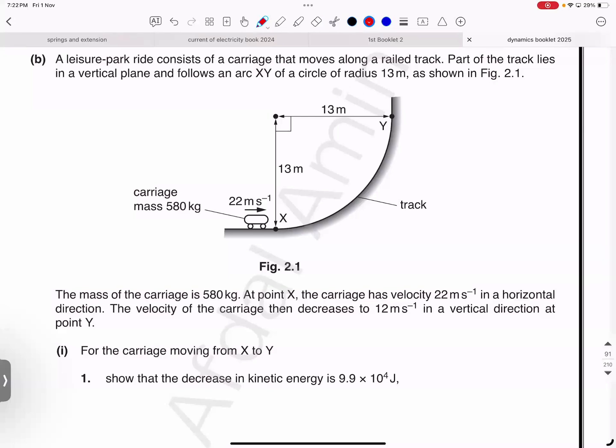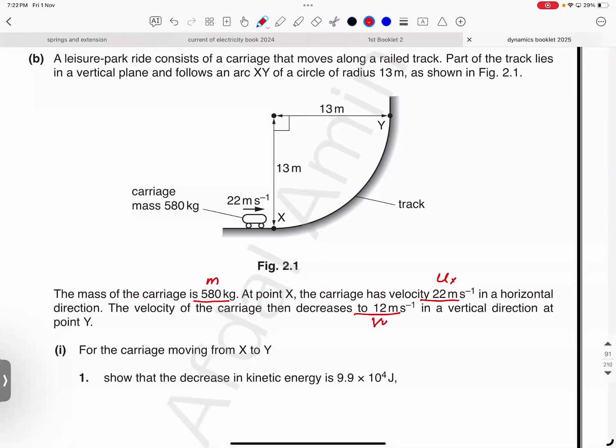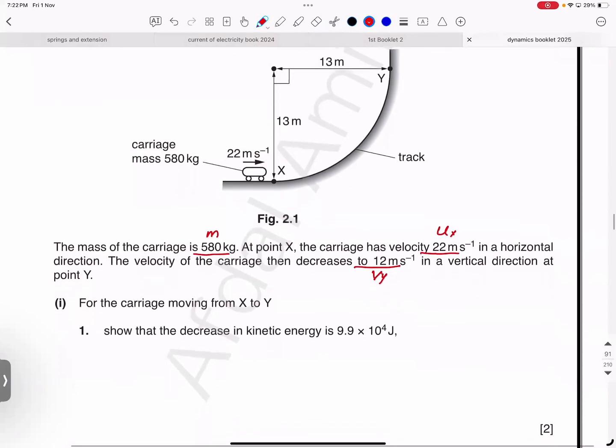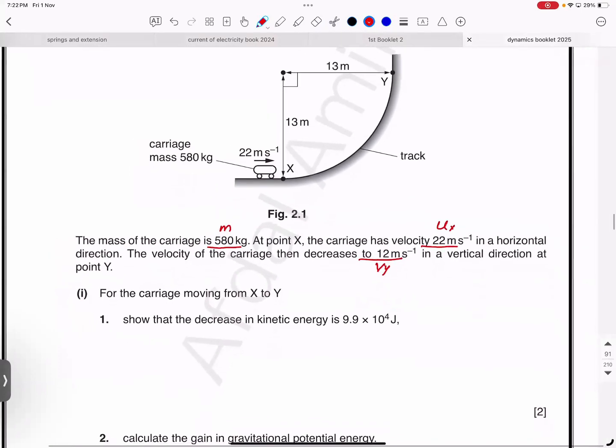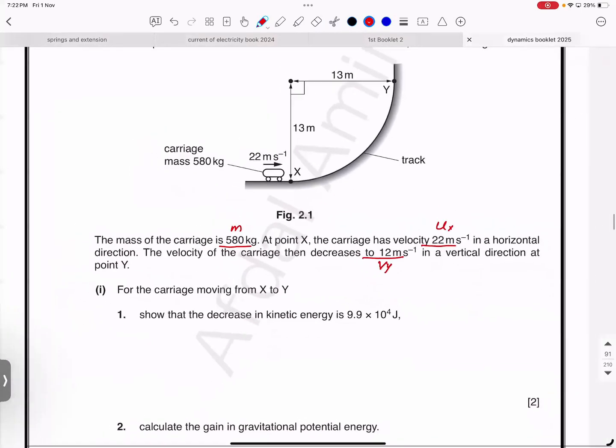The mass of the carriage is 580 kilograms. It has an initial velocity 22 at X, and it has a velocity 12 at Y. The vertical section is at point Y. For the carriage to move from X to Y, calculate the decrease in kinetic energy.